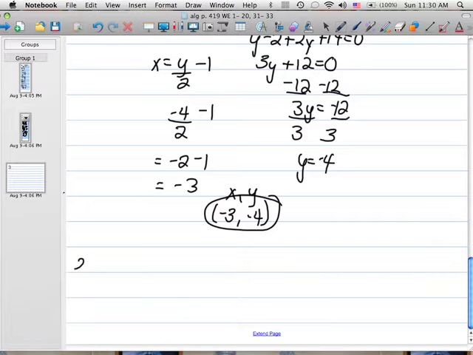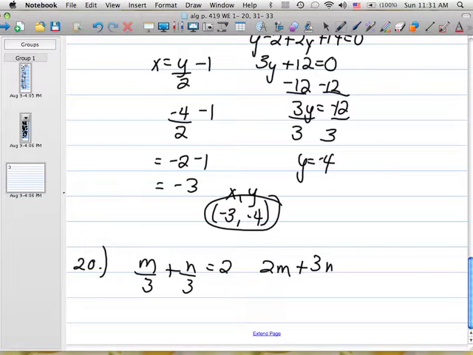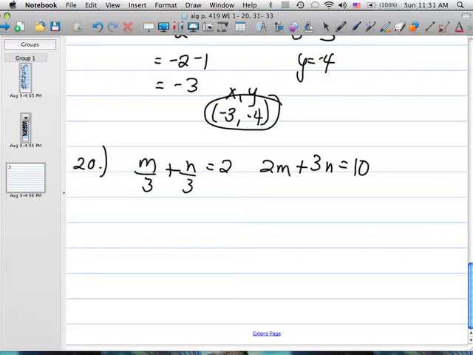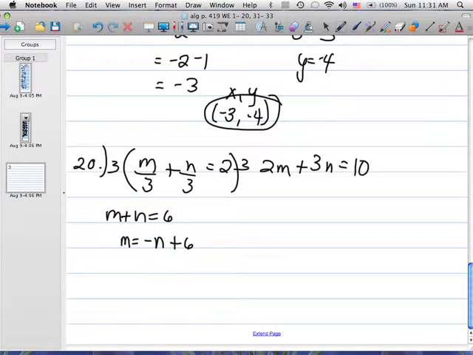And problem number 20. We have m over 3 plus n over 3 equals 2, and 2m plus 3n equals 10. I'm going to multiply this by 3, and I get m plus n equals 6. Solve for m. M equals, subtract n from both sides, -n plus 6. Substituting it in, I get 2 times (-n plus 6) plus 3n equals 10.